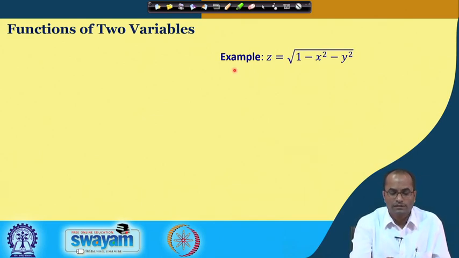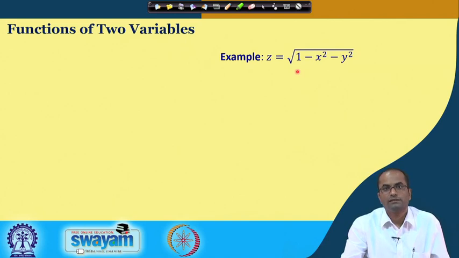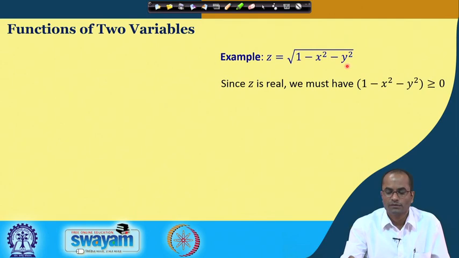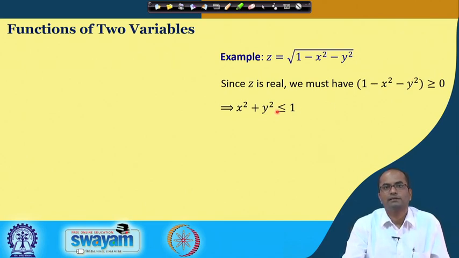Now let us consider this example, z is equal to square root of 1 minus x square minus y square. Since z is real, the argument 1 minus x square minus y square must be greater than or equal to 0, and this implies that x square plus y square must be less than or equal to 1.